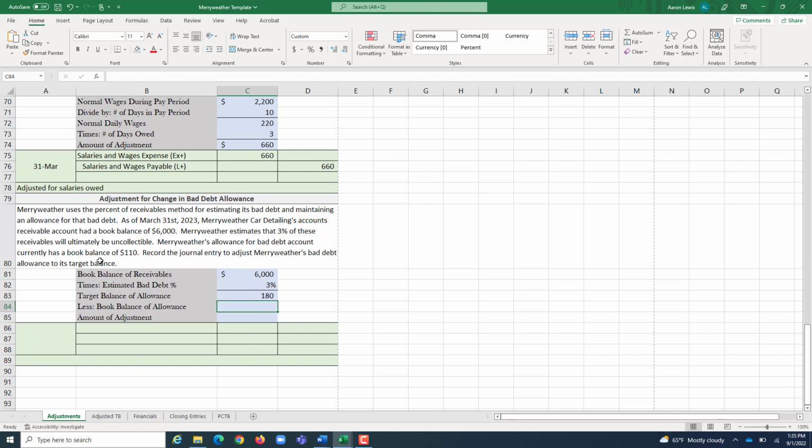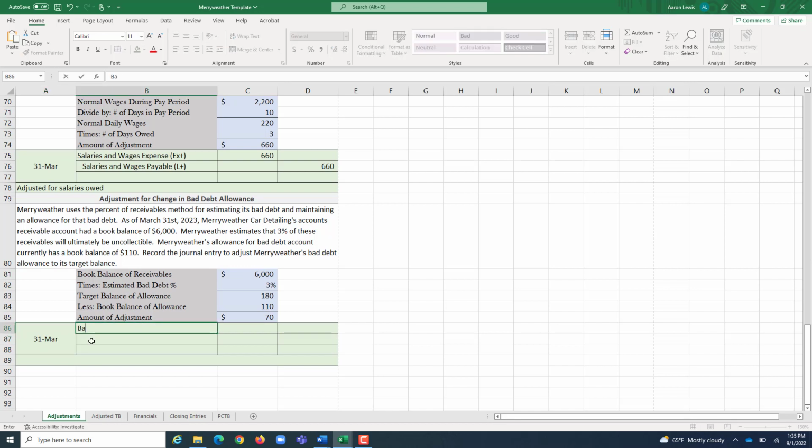Our allowance for bad debt account currently has a book balance of $110. If we have $110 in there and we need to get it up to $180, how much do we have to adjust that allowance up by? $180 minus $110 is $70. We need to increase the balance of our allowance for bad debt by $70.